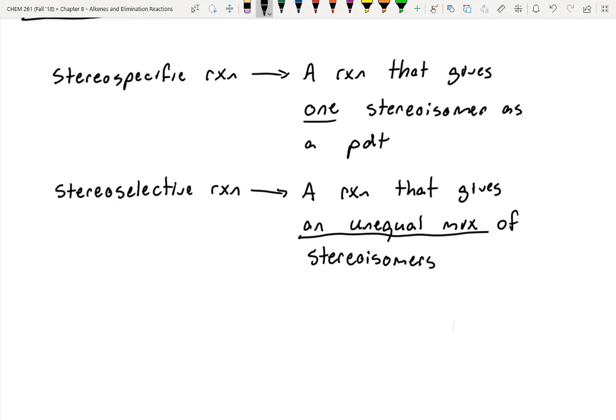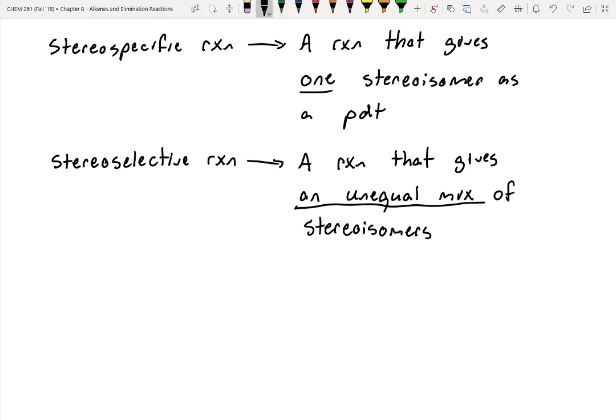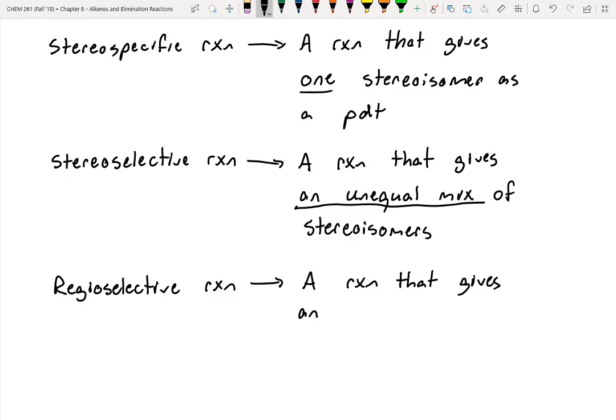All right, and then the last vocabulary term is regioselective. A regioselective reaction is a bit different. It's a reaction that gives an unequal mix of constitutional isomers.